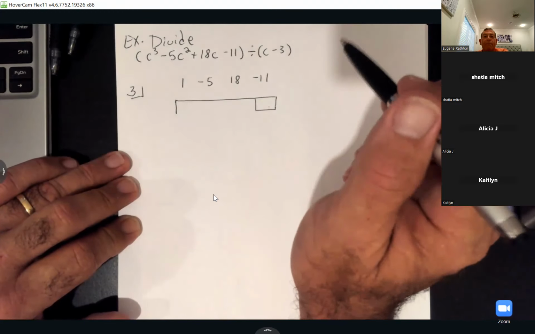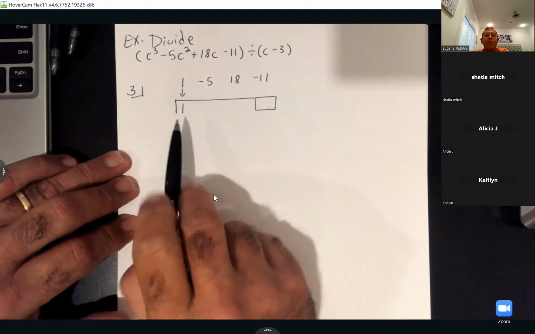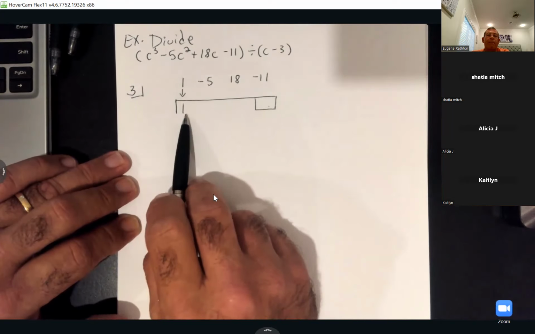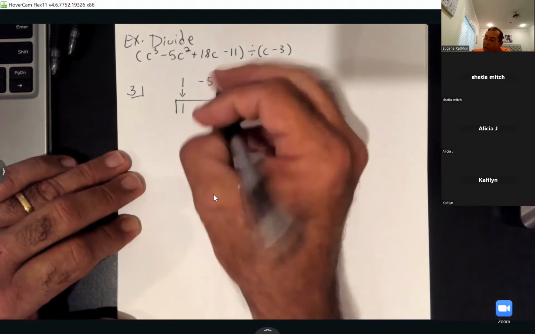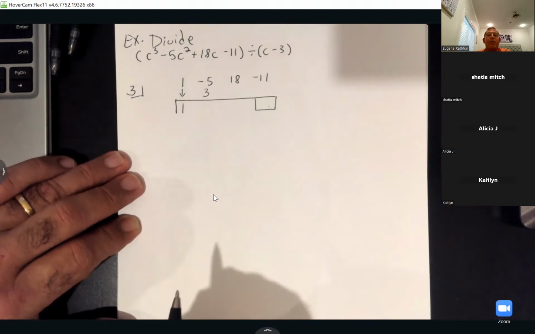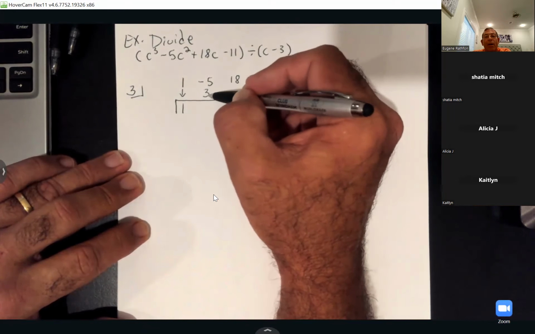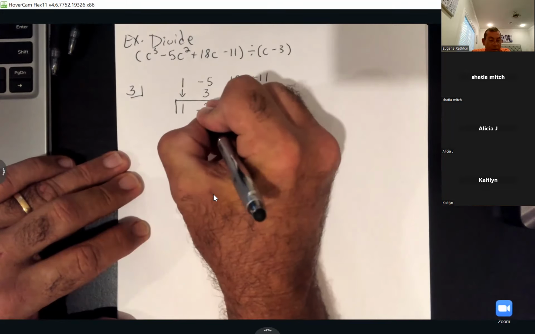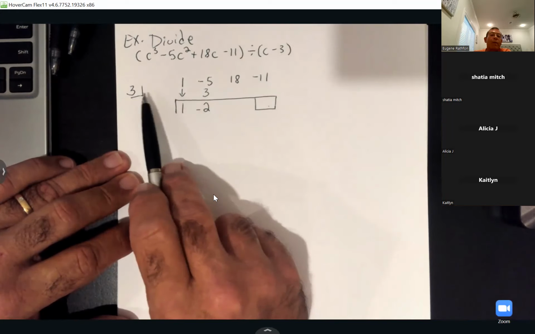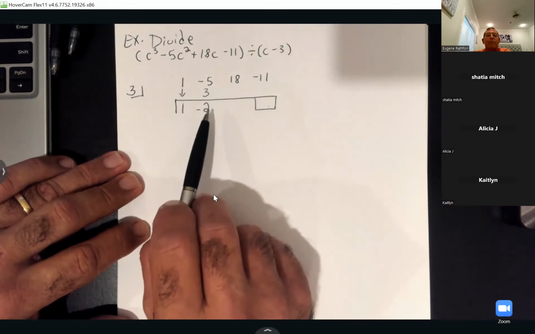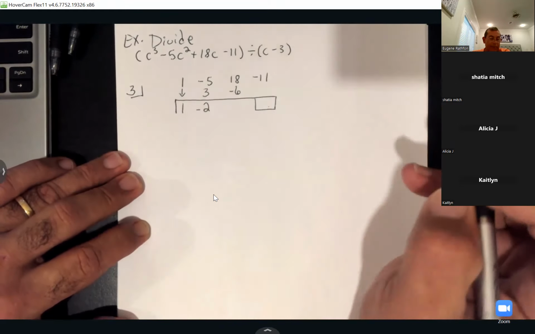All right, remember, we bring the first number down. Every time you do this, you're bringing that first number down. Then you multiply by C to get the next column. 1 times 3 is 3, so we bring our 3 into the next column. We add that column: a negative 5 and a positive 3 give you a negative 2. Now this number multiplies by C to get the next column. Negative 2 times 3 gives you negative 6.